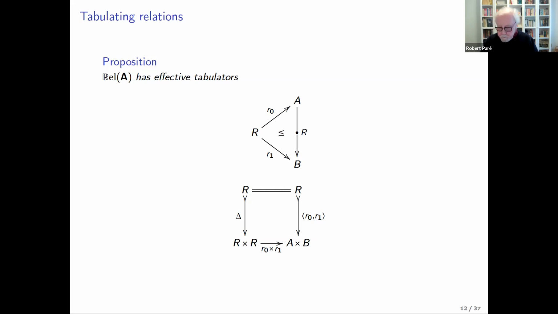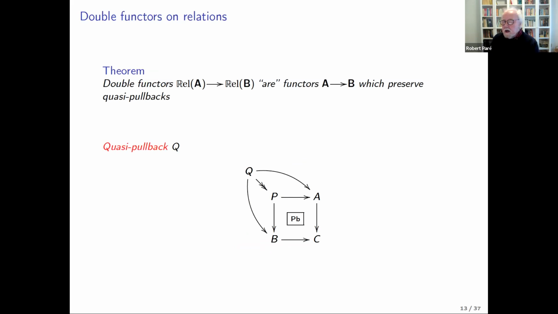Now let's look at what double functors are going from rel A to rel B. A double functor from rel A to rel B. First of all, rel A has as its horizontal structure just A, and rel B, its horizontal structure is B. So if you have a double functor, right away you get a functor from A to B. And double functors preserve conjoints and companions, and since every relation is a composite of these two, the double functor will be determined once you know what that functor is.